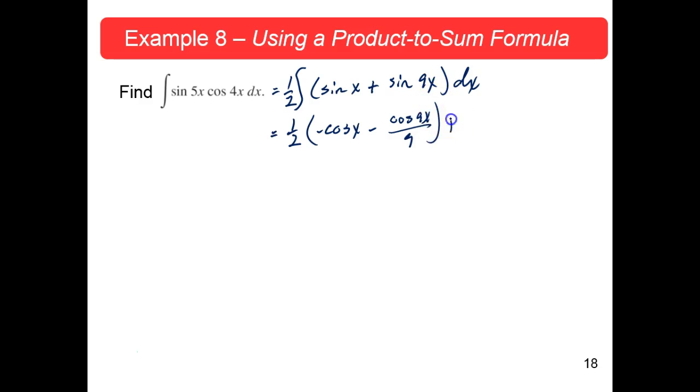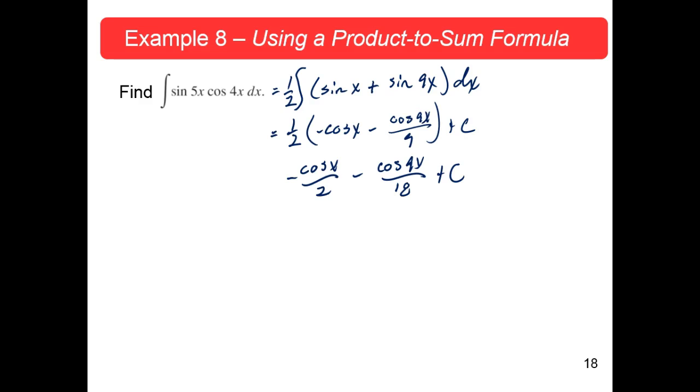And then you do your plus c. Now that would be an okay form to leave it, I think. Or you could do minus cosine x over 2 minus cosine 9x over 18 plus c. To me, that's just a little bit neater, and that's how they did it too.